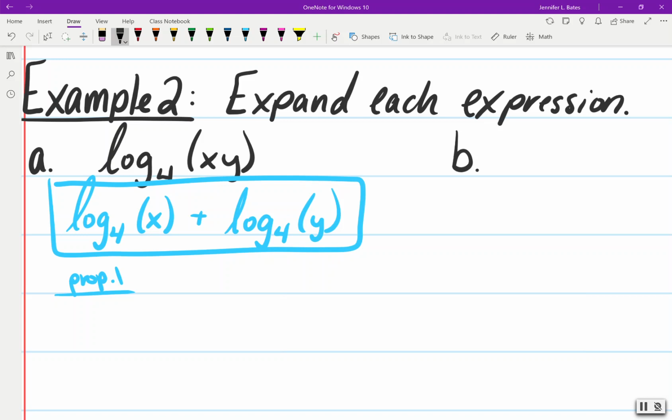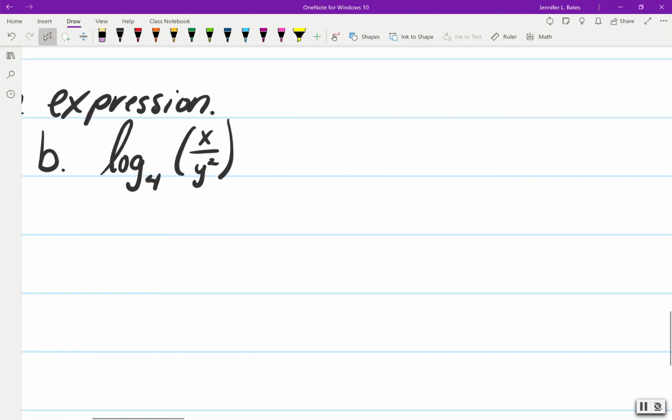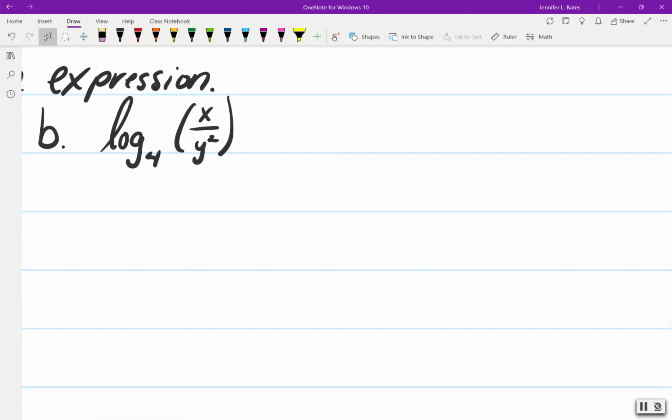Let's do another one. We'll call this example B. In example B, we're given log base 4 of x over y squared. Take a look up at the log properties and tell me which log property has 2 pieces in the argument that are getting divided. Show me on your hand.